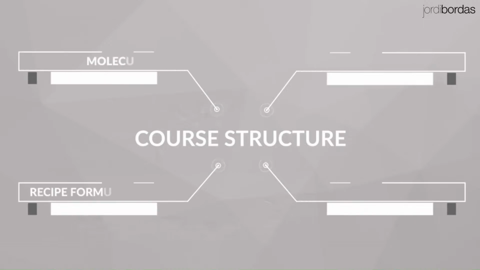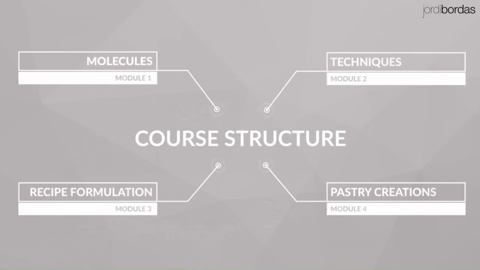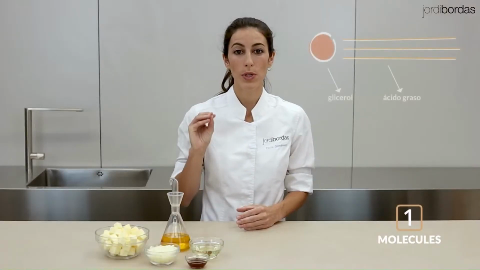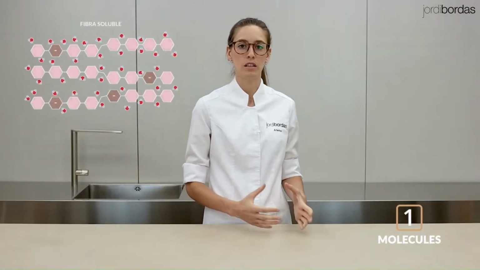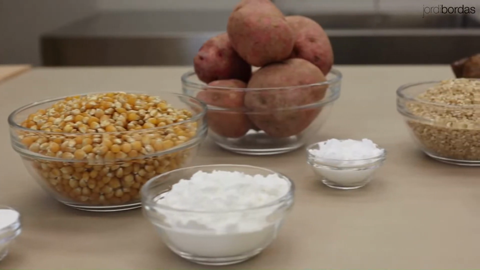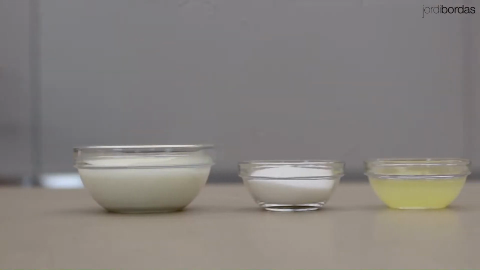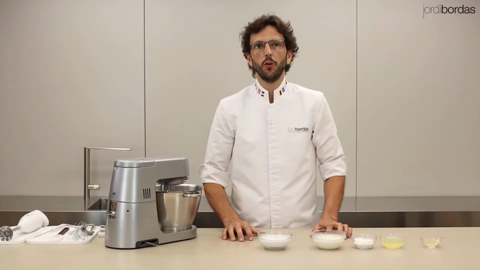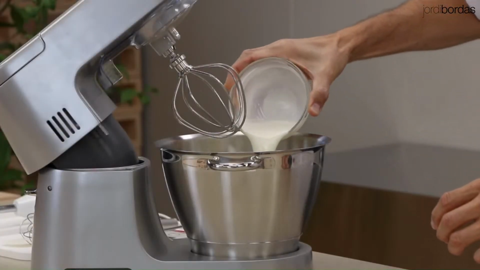In this course, composed of 4 different parts, you will learn how to formulate and create your own pastry recipes. In the first part, you will learn everything about water, fats, proteins, and carbohydrates, the molecules that make up all our ingredients. Knowing their physicochemical and functional properties will give you the knowledge that you need to work with any pastry ingredient.